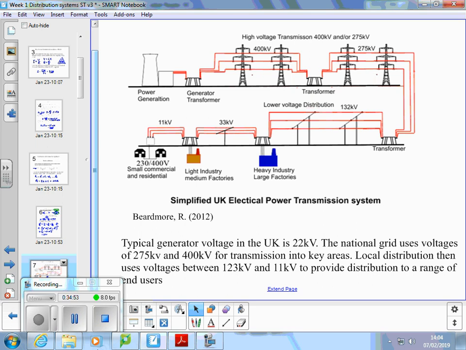The 230 is what's called RMS. Has anybody not heard of RMS? It stands for root mean square, and it's the equivalent DC value of that waveform. So it's the voltage that would give you the same power as 230 volts DC in the same circuit. And that's what your multimeter measures as RMS.